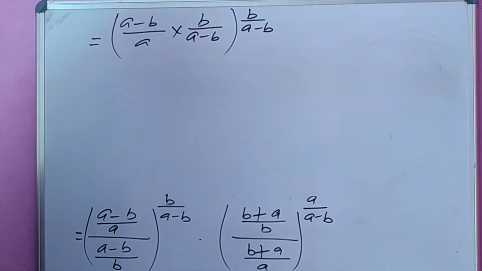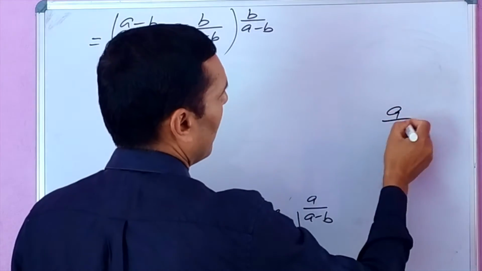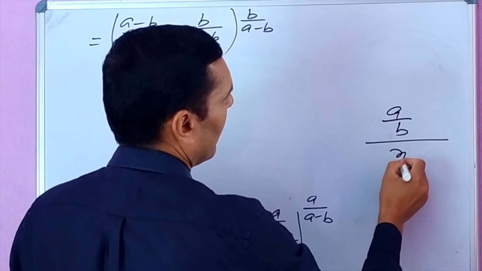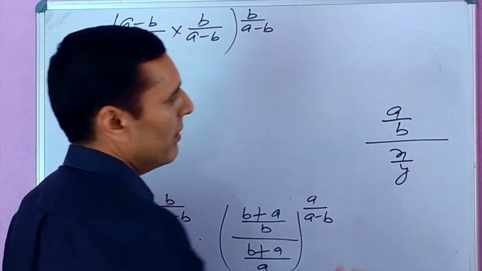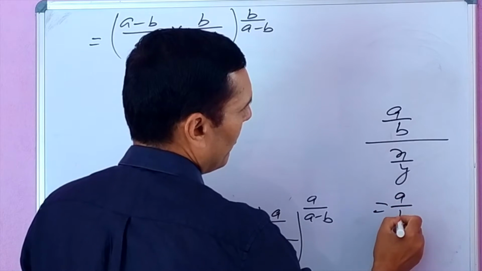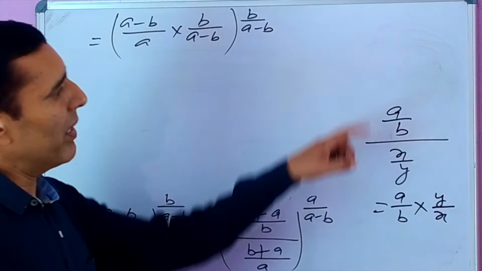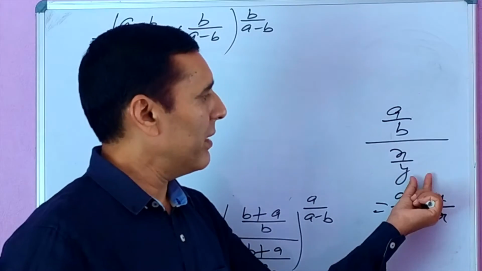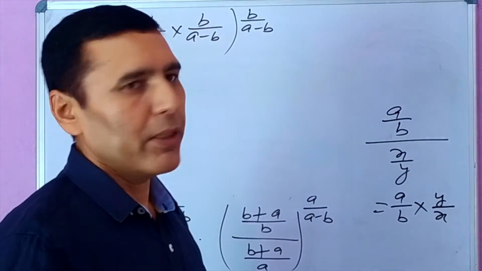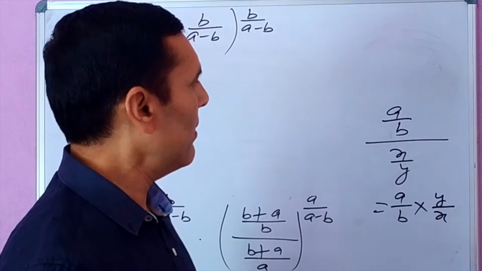Look now. If we have a upon b whole upon x upon y, it is written as a upon b into y upon x. The numerator a upon b remains the same, only the denominator x upon y will reverse, so y upon x.